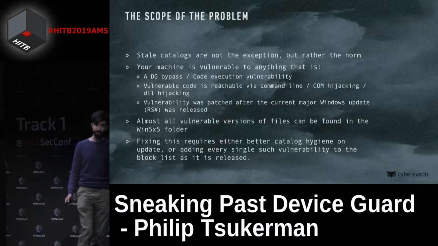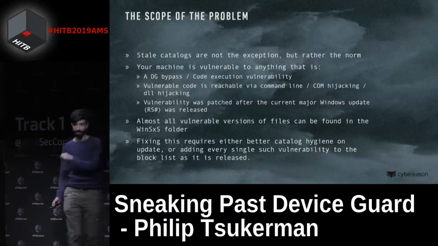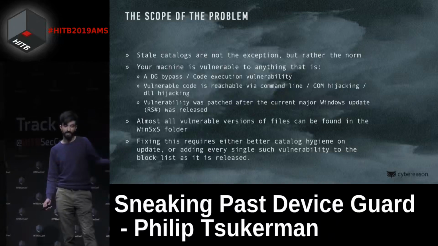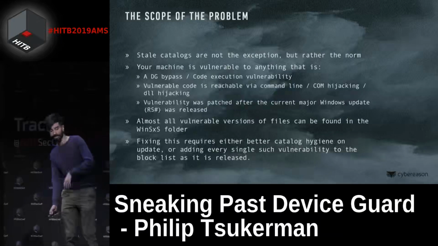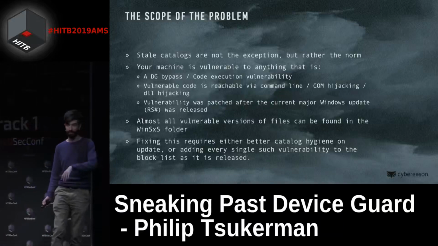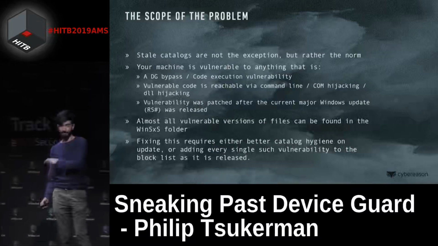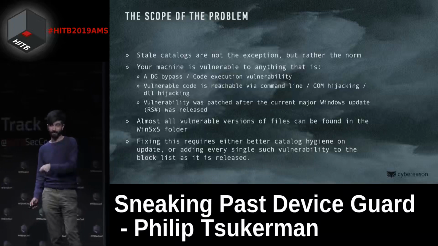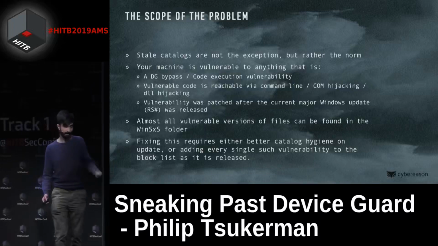This means that every single code execution vulnerability that's somehow reachable by command line, DLL hijacking, COM hijacking, or whatever from a post-exploitation scenario is actually still a vulnerability in terms of device guard on this machine.